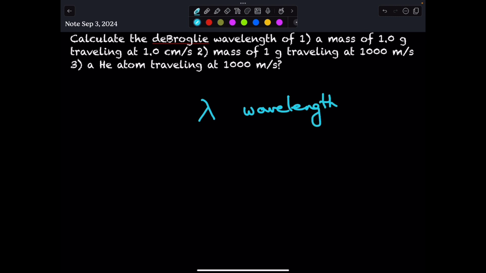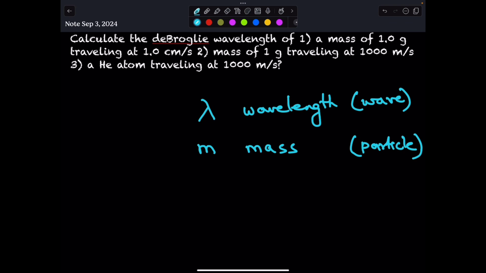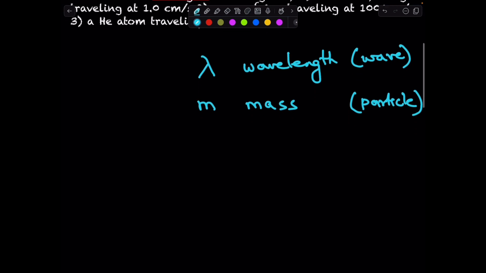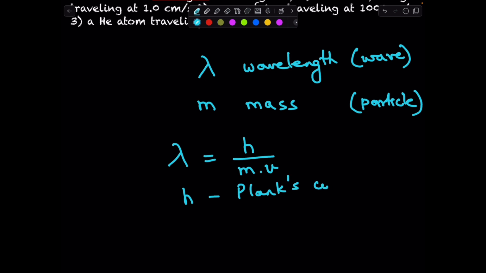Because it behaves like a particle, it has a mass m. DeBroglie gave the relation between lambda and m. Lambda equals h over mv, where h is Planck's constant and v is the velocity.